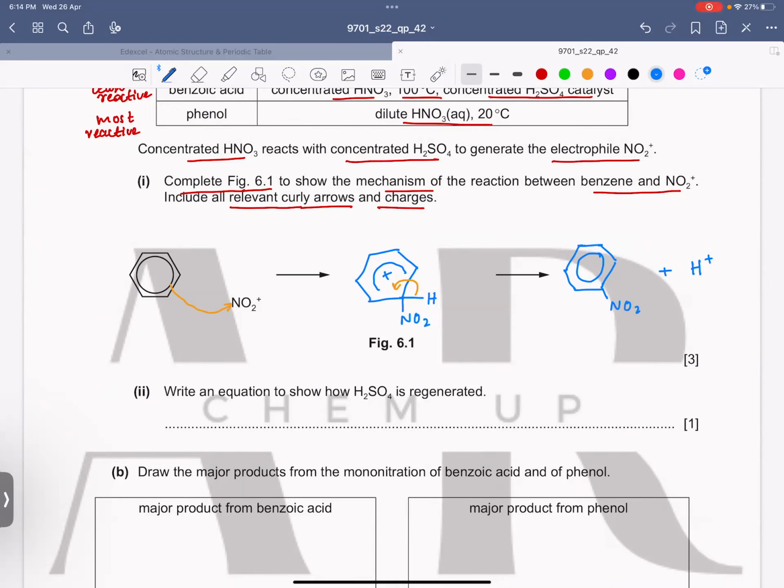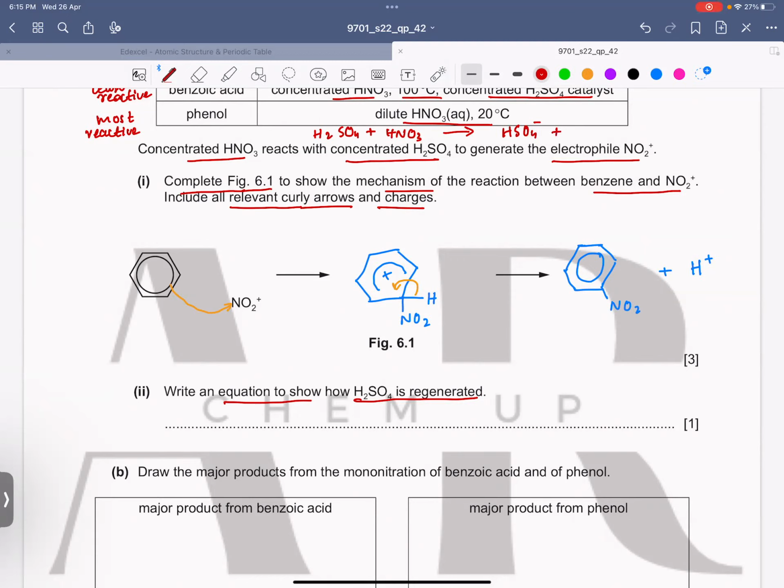Then what they are asking: write an equation to show how H2SO4 is regenerated. So when H2SO4 and HNO3 react, what would happen? H2SO4 releases a hydrogen, forming hydrogen sulfate ion.